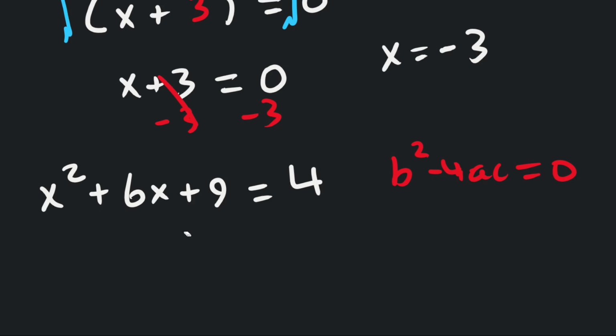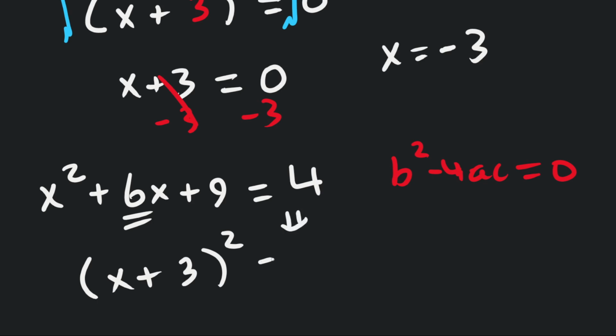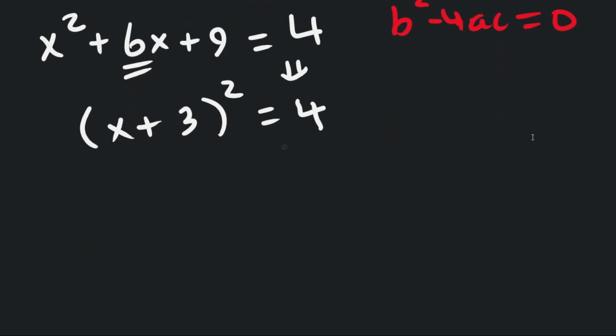So we can still factor this into x plus b over 2 squared. And what is b? Our b is 6. So what's 6 over 2? That's 3. So x plus 3 squared, and then we'll drop down the rest of this equation equals 4. Good. So x plus 3 squared equals 4.